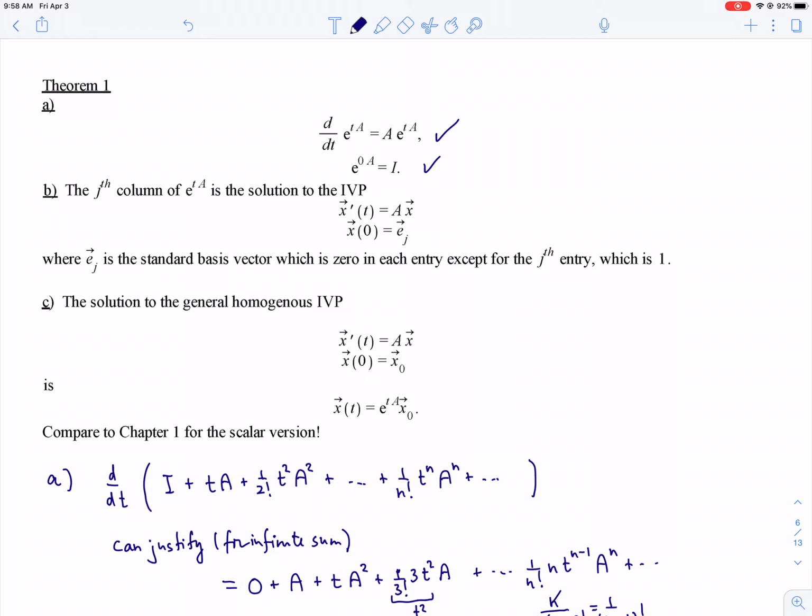Well, A and B are really different ways of saying the same thing, because if we look at column j of the derivative of e to the tA is A e to the tA.